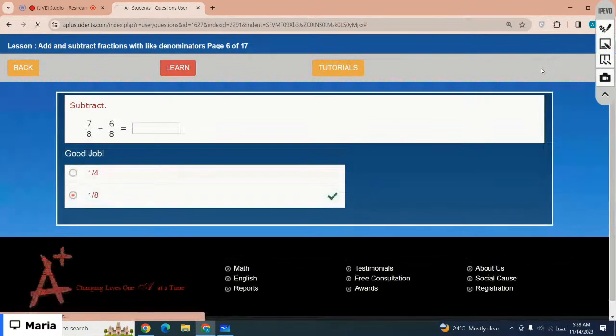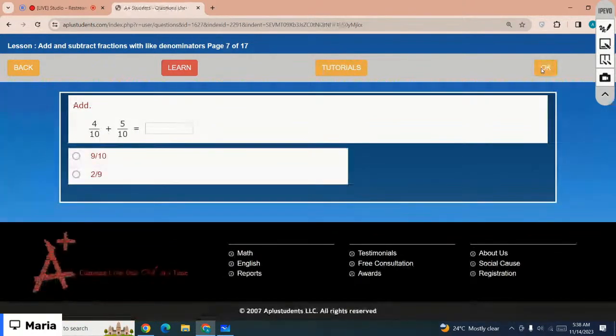The next one is 4 over 10 plus 5 over 10.